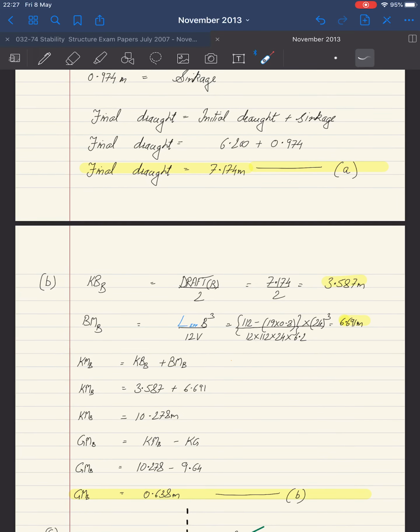So GM bilged is equal to KM bilged minus KG. GM bilged is equal to 10.278 meters, which is the KM bilged of the vessel obtained from here, minus KG, which is 9.64 meters, given in the question. So GM bilged is 0.638 meters, and this is the answer for part B of the question.